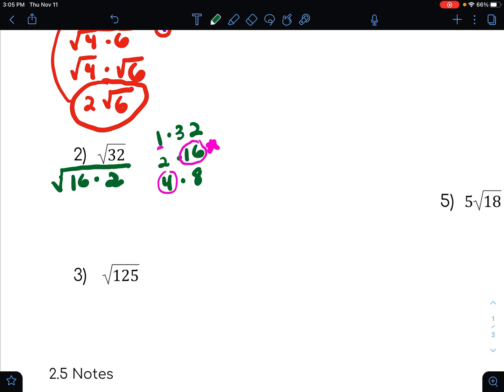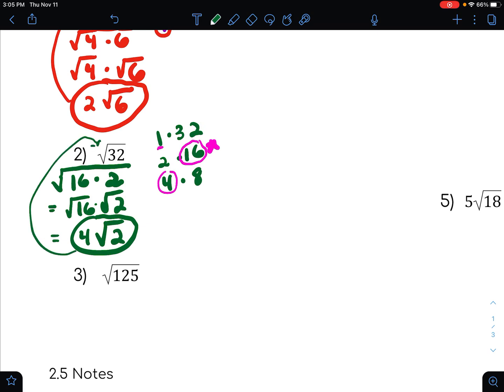I normally put the perfect square first. So that becomes the square root of 16 times the square root of 2, which becomes 4 times the square root of 2. So this would be the simplified square root form.